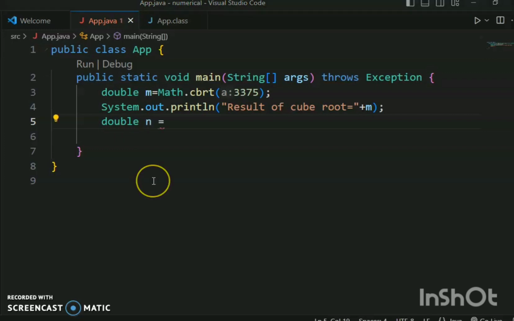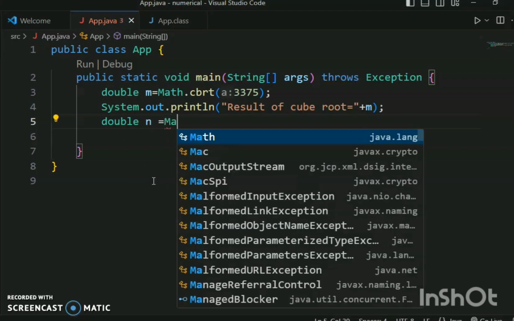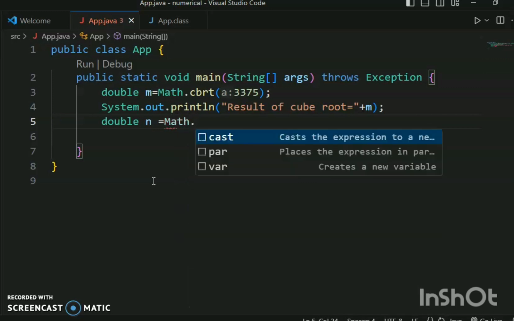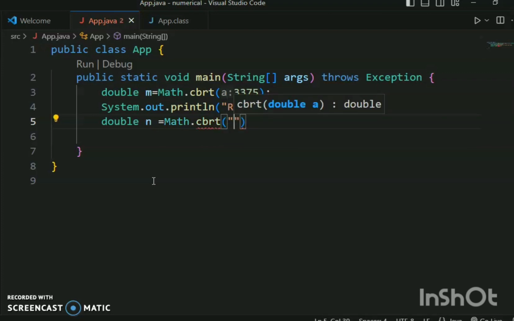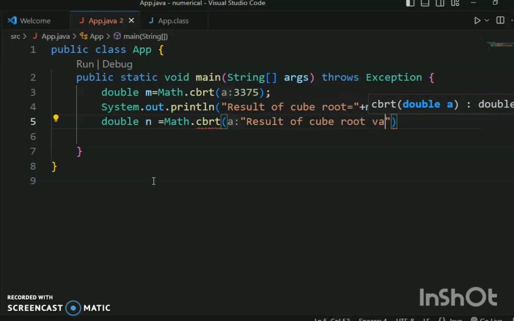So n equals capital Math.cbrt, then I can write "result of cube root value equals to", plus n.